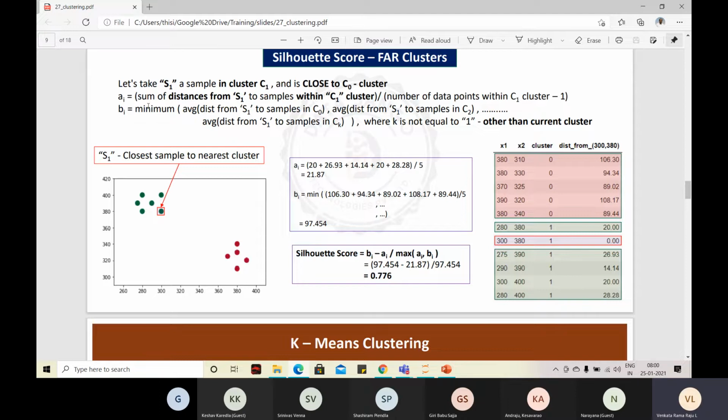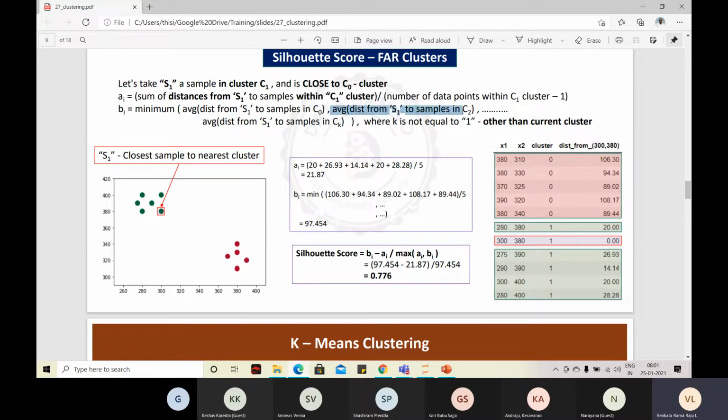Okay, and B1 is the minimum of the average of the distances from S1 to samples in C0. The distances from S1 to samples in C0, I calculated the average of all those numbers and kept it here. Then the average of the distance from S1 to samples in C2, if there is another cluster C2.